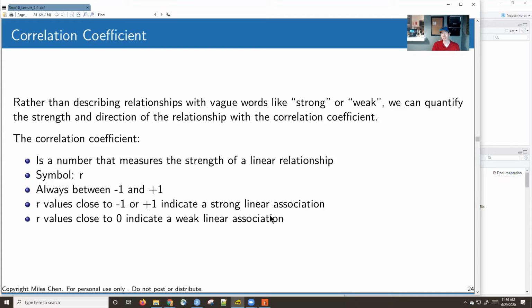Similarly, rather than just saying there's a strong or weak relationship, we can give the correlation coefficient, okay? It uses the symbol R, for relationship, and it measures the strength and direction of a linear relationship, okay?